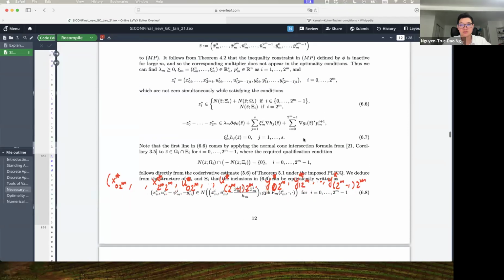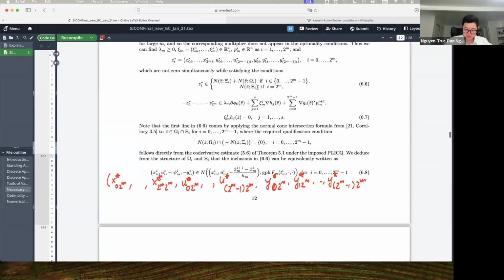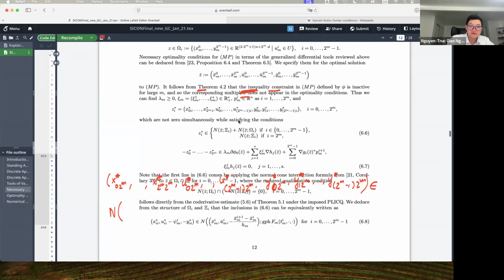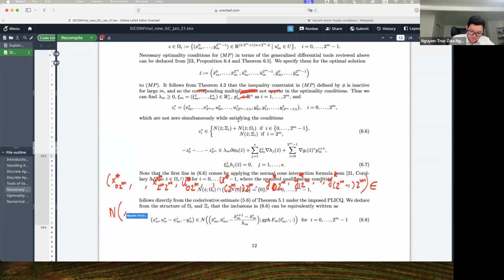Z star 2m belongs to, remember, look at 6.6, the second line right here, when I equals 2m. So this one belongs to the normal cone of Z bar. We have to write Z bar. Please write carefully like that, then you understand everything in more detail.